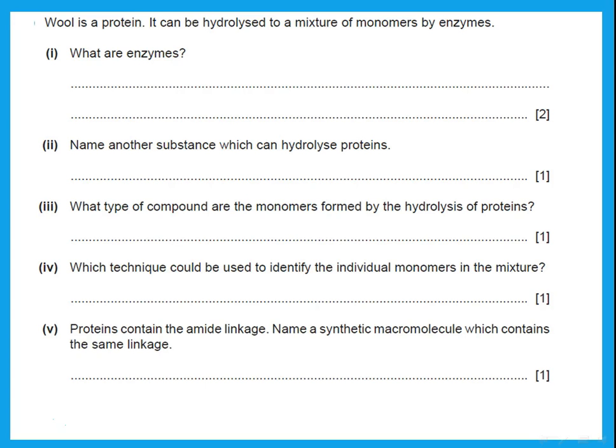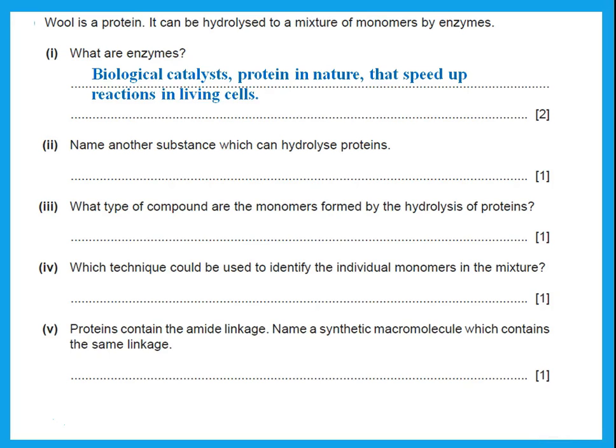Okay, what are enzymes? You should realize enzymes are biological catalysts, protein in nature, that speed up reactions in living cells. We talked about this when we were talking about rates of reactions. Now, name another substance which can hydrolyze proteins. Well, to break proteins, we said we heat it with hydrochloric acid. What type of compound are the monomers formed by hydrolysis of proteins? Again, when we break up proteins, they form amino acids.